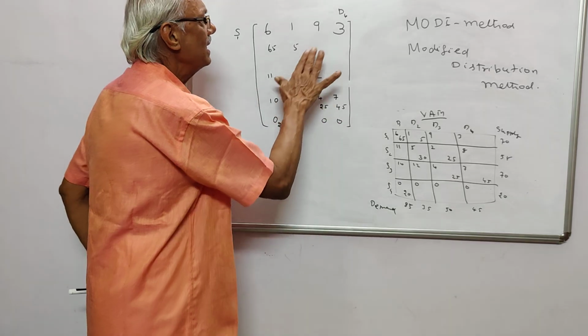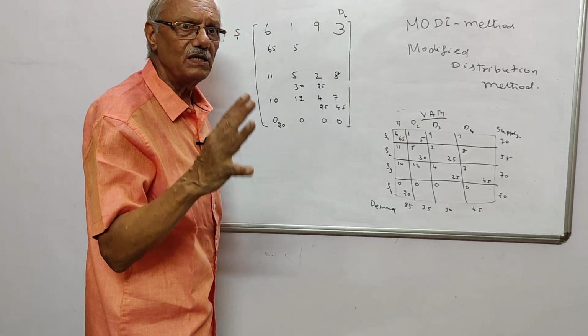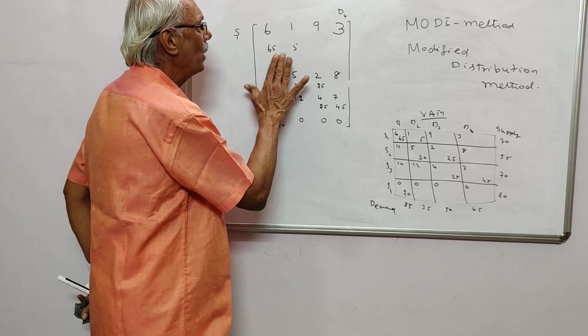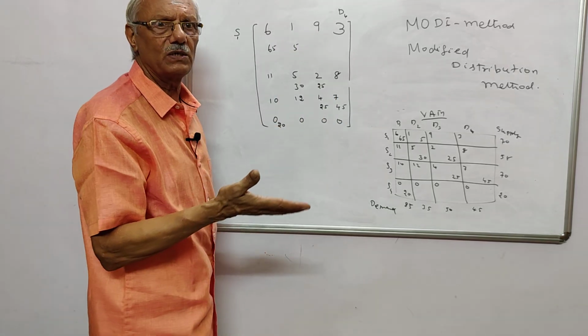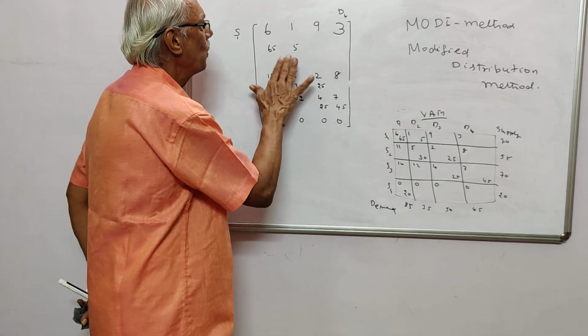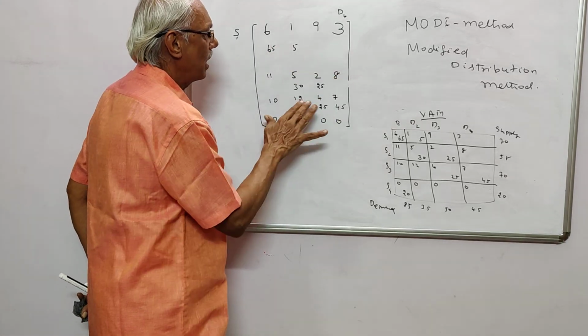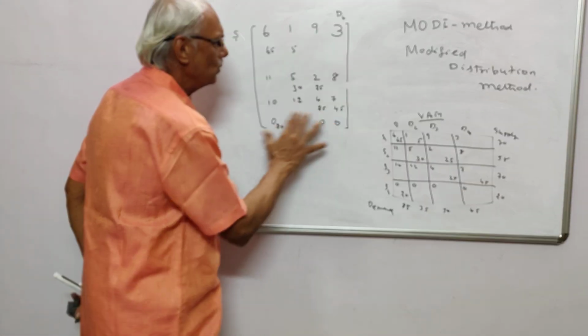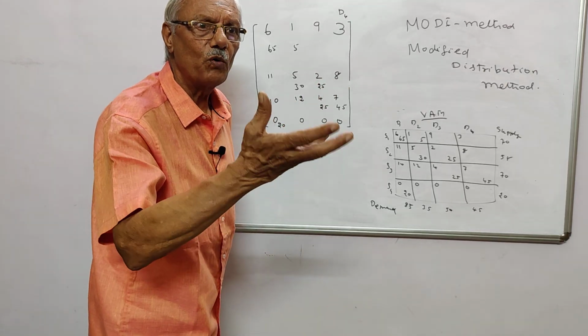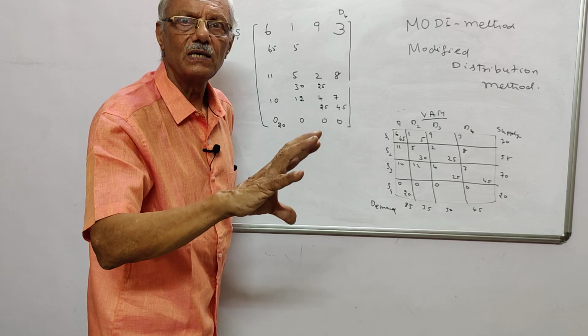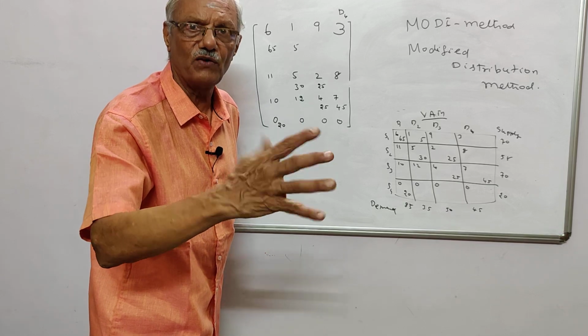But your thinking is correct in the sense that why not we do some different distributions. Why not we shift from here to this, or shift from somewhere else? You do some shifting of the allocations so that it is possible to minimize the cost still further.